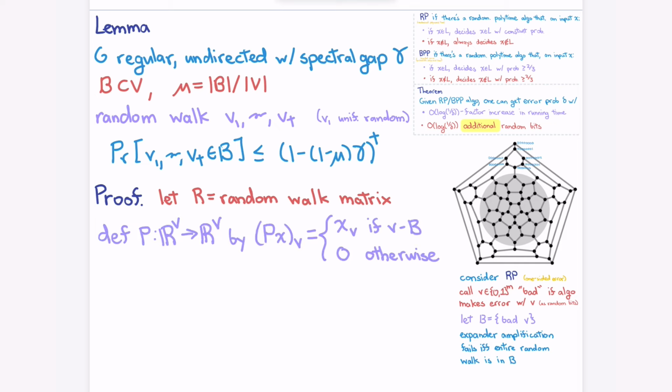I'm really concerned with just how much probability mass leaves B. So we're going to make this linear function P, where for each vertex, if it's in B, I keep the probability, and if it's not in B, I just drop it.